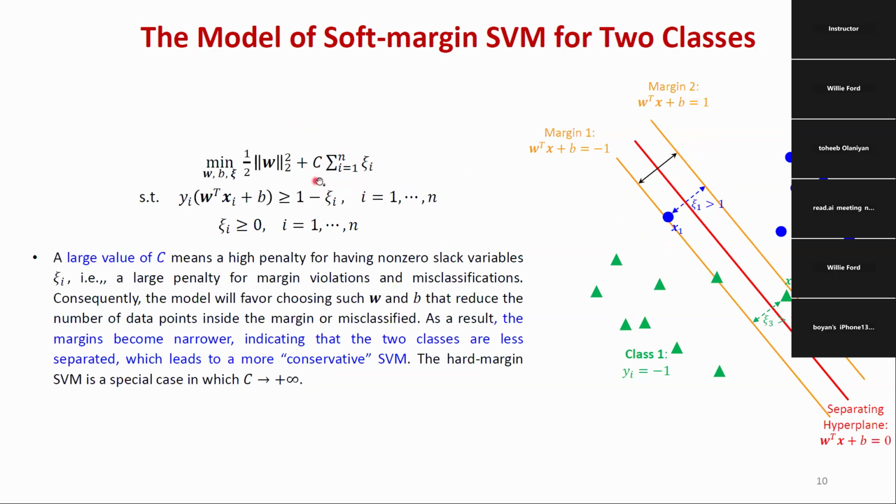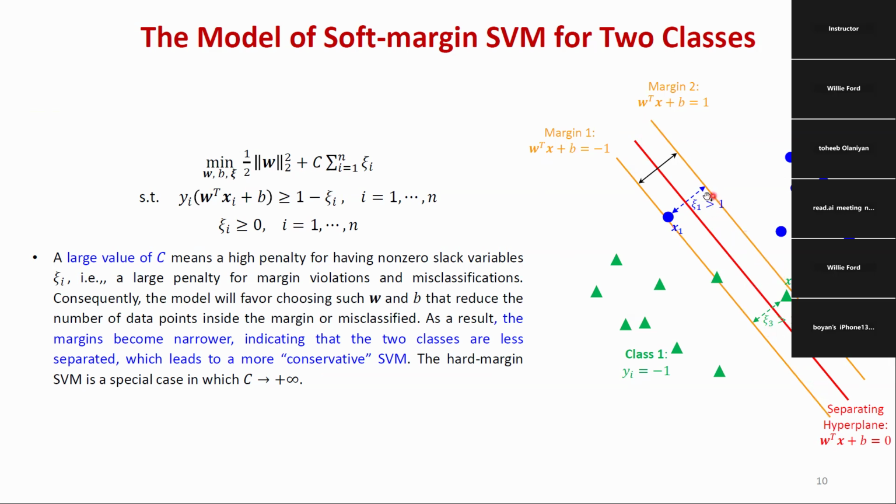Because the penalty of a misclassification or being on the wrong side of the margin is going to be very high. So I will try to make a more conservative SVM, make the margin smaller to try my best to eliminate such errors. Errors means two types of errors, either misclassification or something in the correct class but inside the margin. So the result will be this.